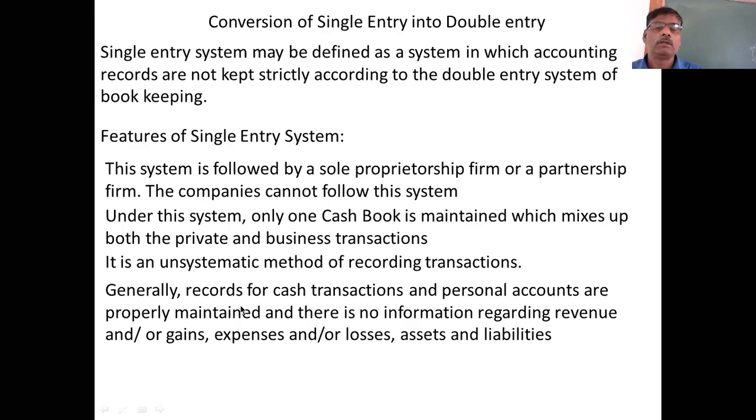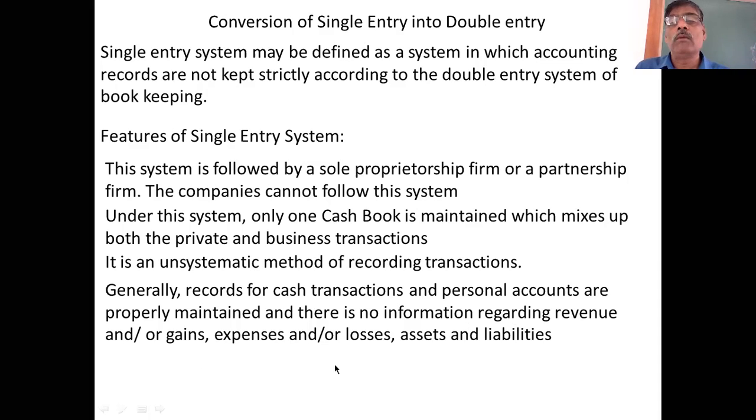The first point is only cash transactions are recorded. Next, personal accounts related with trade debtors and creditors are maintained. Revenue items are not recorded. Revenue means incomes and gains are not recorded. Expenses and losses are not recorded. Transactions related to assets are not recorded.